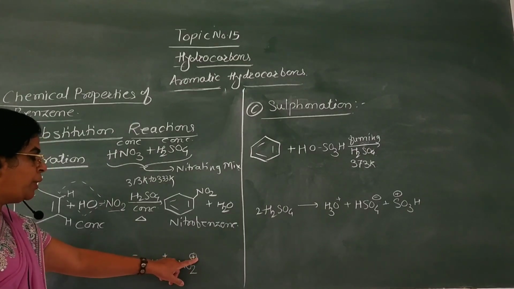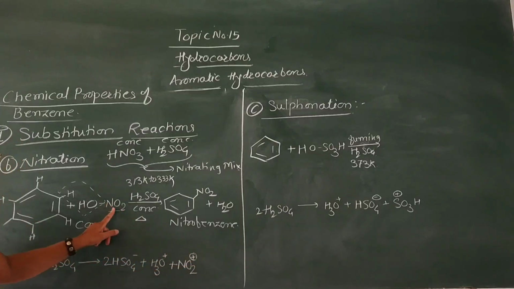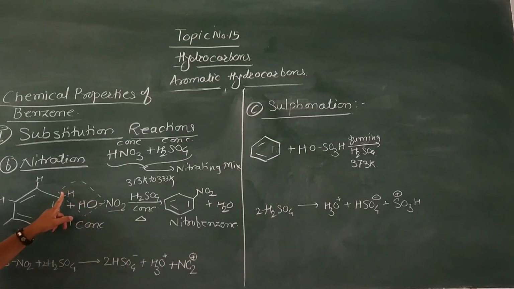Now this NO2 plus acts as an electrophile, and this electrophile substitutes the hydrogen atom of the benzene ring to form nitrobenzene. In this way, benzene is converted into nitrobenzene by using the nitrating mixture at 313 Kelvin to 333 Kelvin temperature.